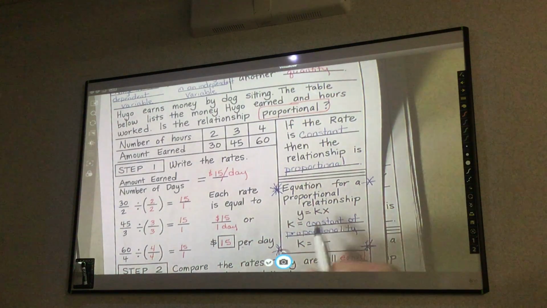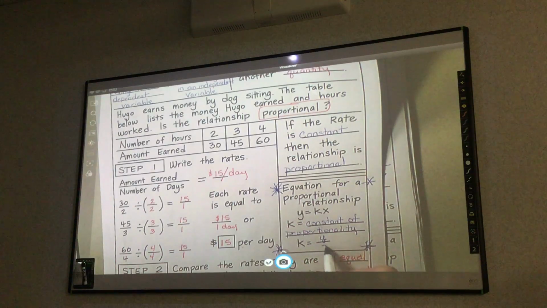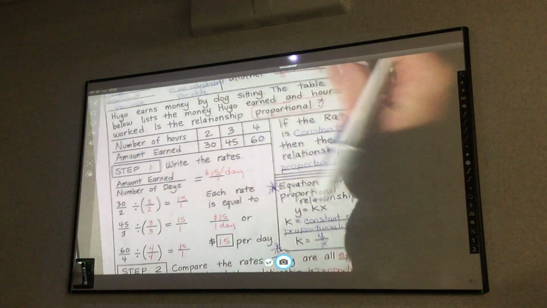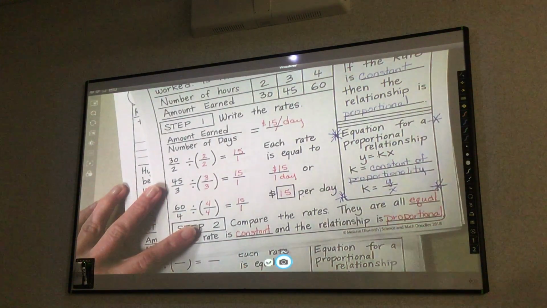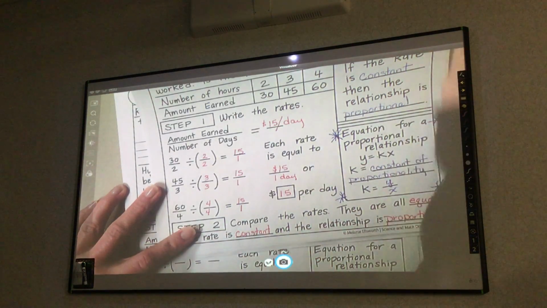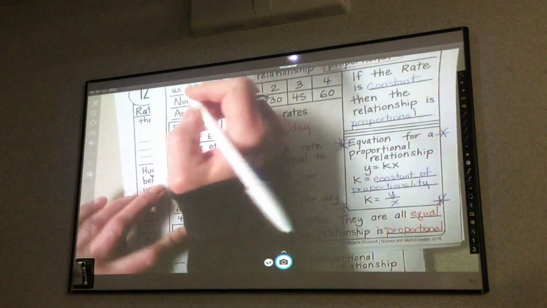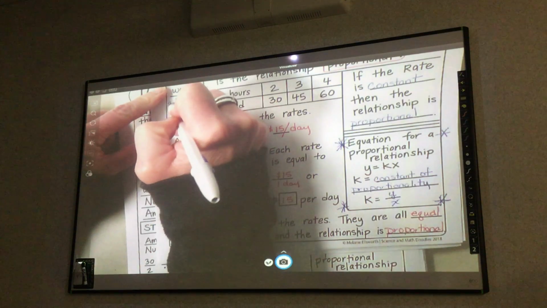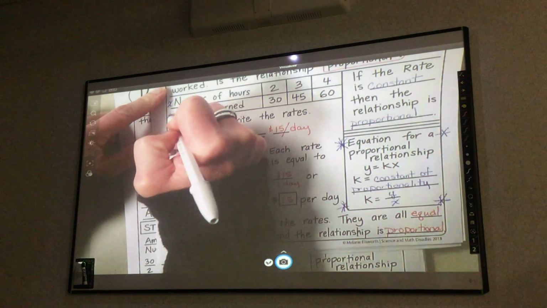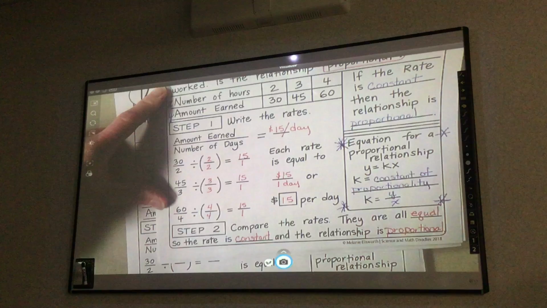How do you find the constant or the k? It's y over x. And then let's go back to our chart up here. Your x is always the first one on the top. Your y is always on the bottom.